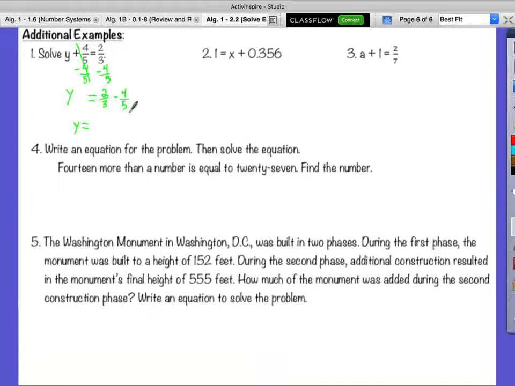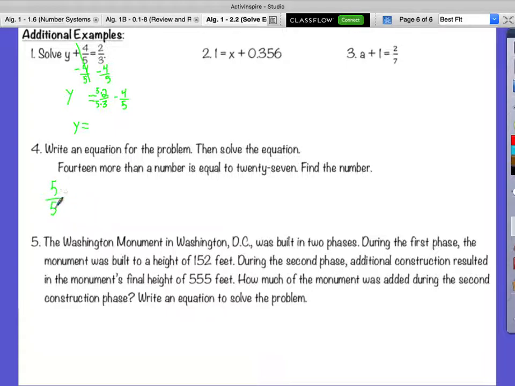You multiply the top and the bottom by 5. Does anyone know why we multiply the top and the bottom? Let's think about it this way. If it's 5 over 5 and we're multiplying by it, what is 5 divided by 5?